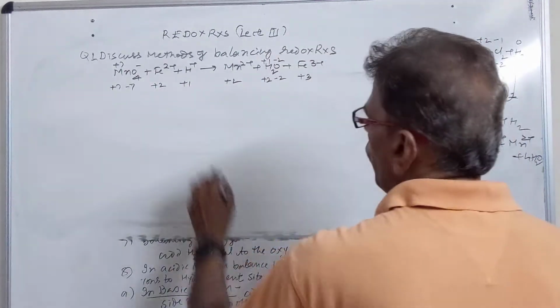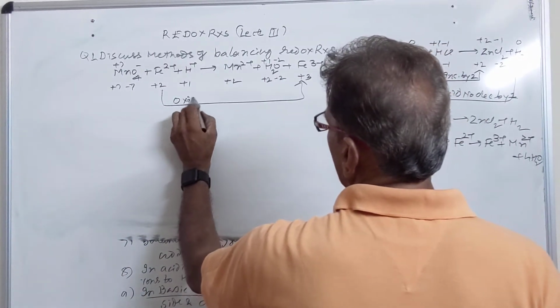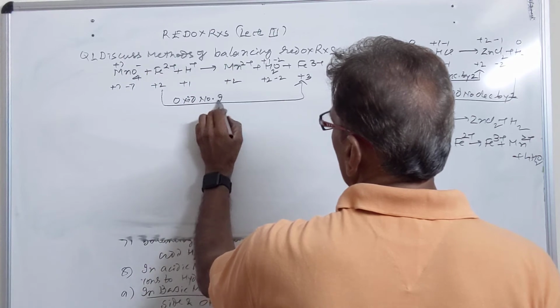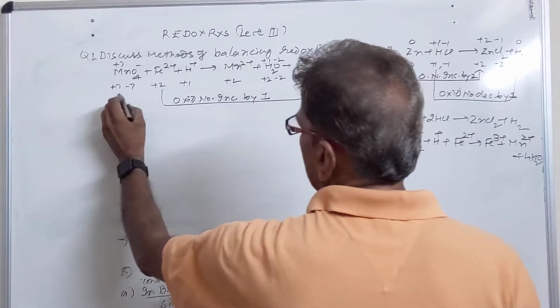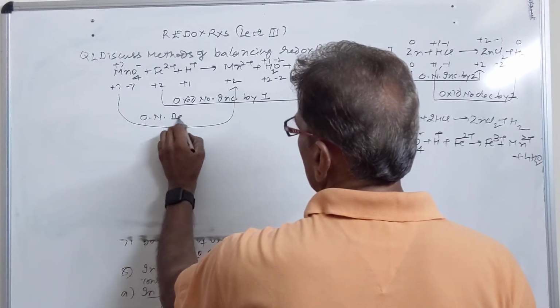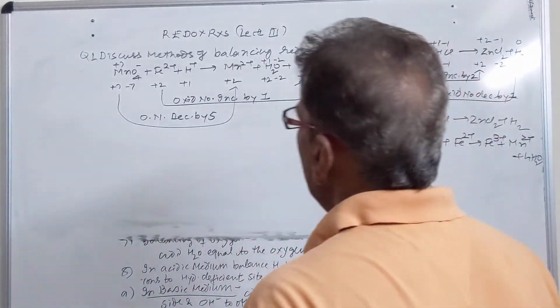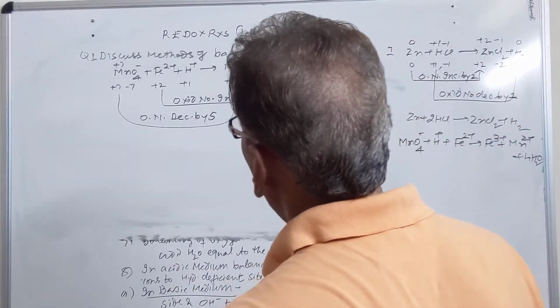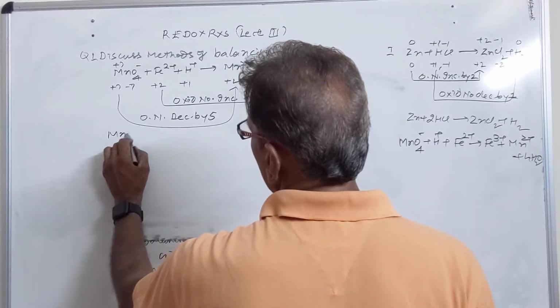So if we move from iron plus 2 to plus 3, the oxidation number increases by 1, and in this case the oxidation number decreases by 5. So in order to balance the oxidation number, we multiply iron by 5.